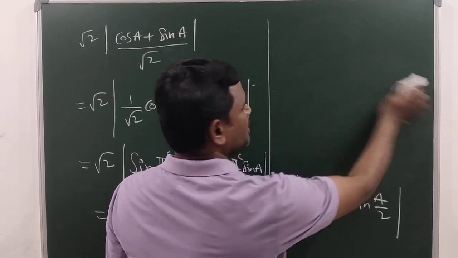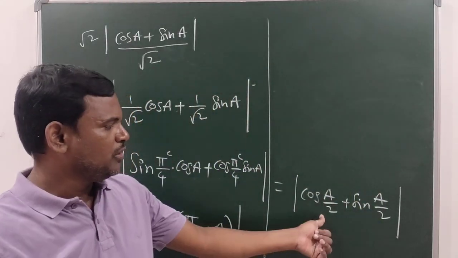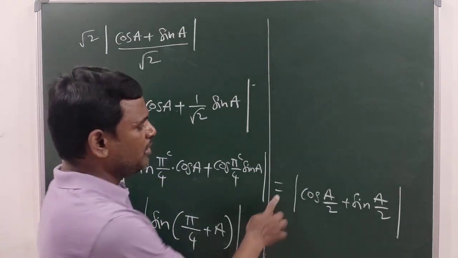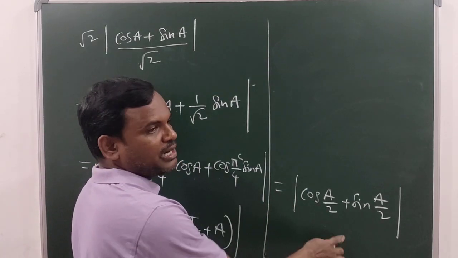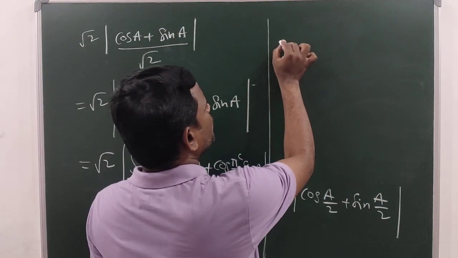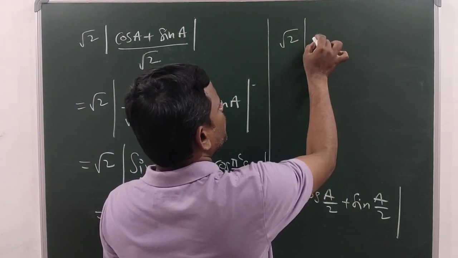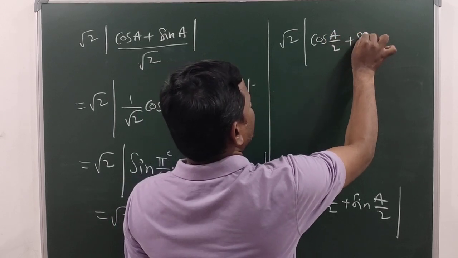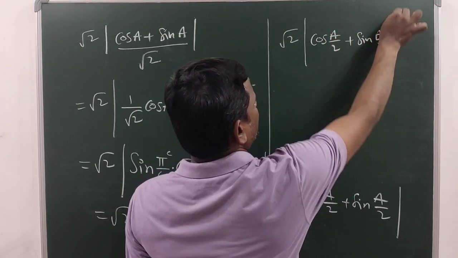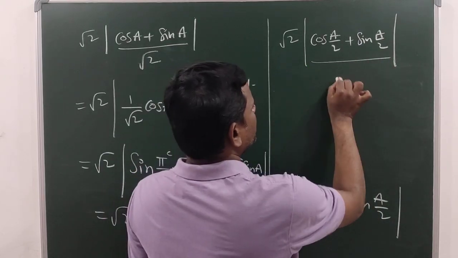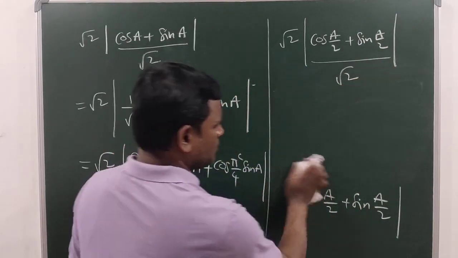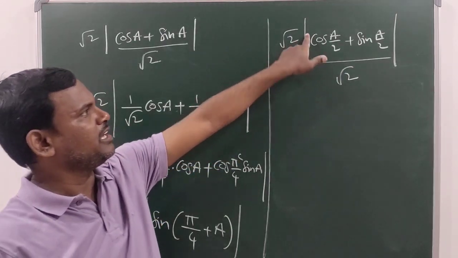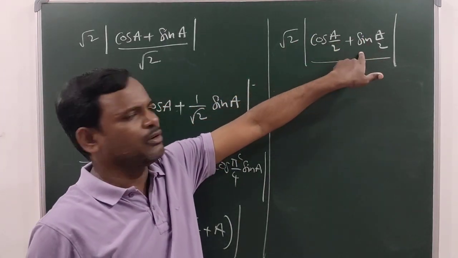Similarly, this one also. Here, on simplifying square root of 1 plus sin A, you got mod of cos A by 2 plus sin A by 2. And here also, numerator and denominator multiply with root 2. So what do you get? Root 2 of cos A by 2 plus sin A by 2 by root 2. Here we have written in the same manner: write here 1 by root 2, here 1 by root 2.